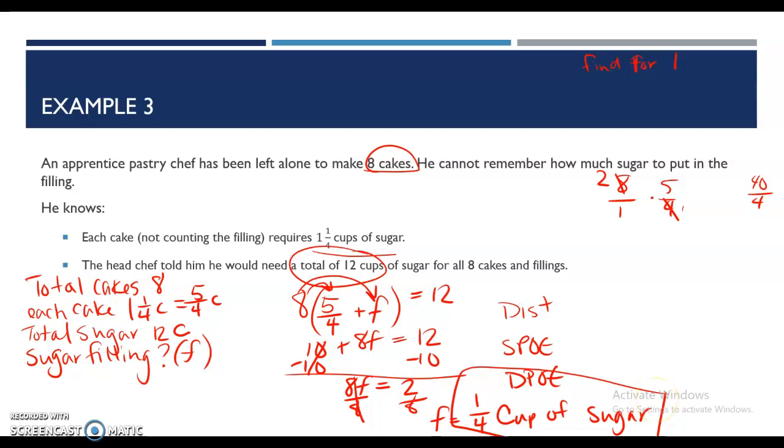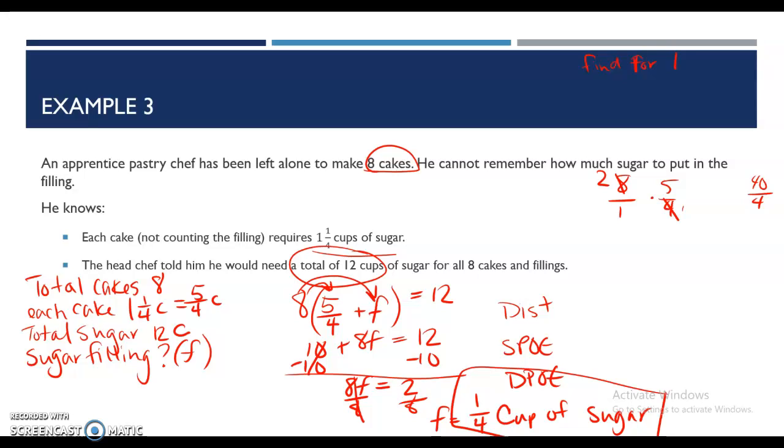All right, so again, the whole way I've set up my equation is inside the parentheses is what I'm going to do to find it for one of our items. And then outside the parentheses is the total number of items we're going to have. So in this case, it was cups of sugar.